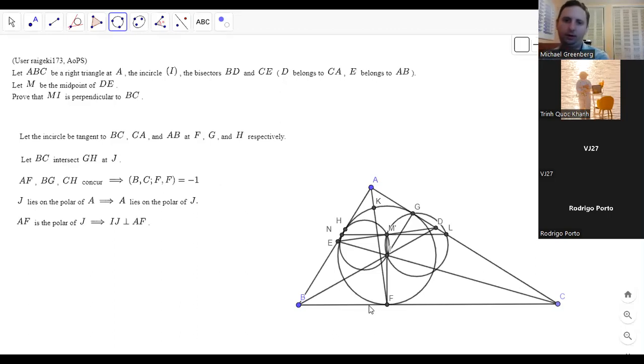Is there any way to find angle DEC in terms of angle AFB? If we can find angle DEC in terms of angle AFB, that would solve it.